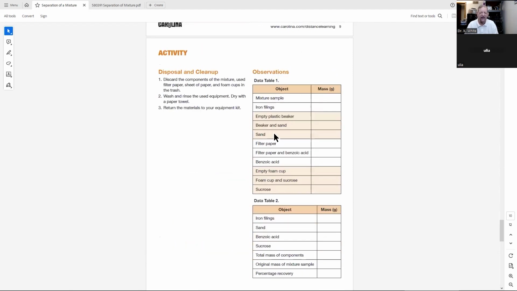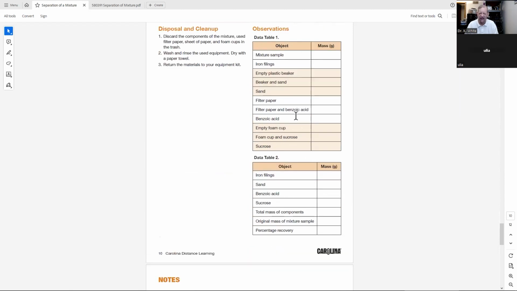If we look at table 1, you'll be doing all these weights, and then based on math, you can figure out the weight of the iron filings. That's the mass of the iron that was in the weigh boat that was tared.